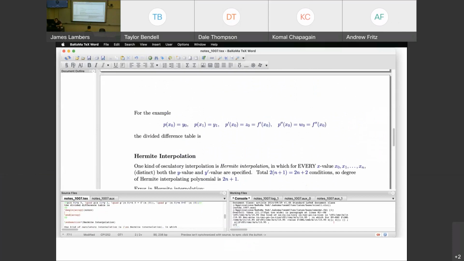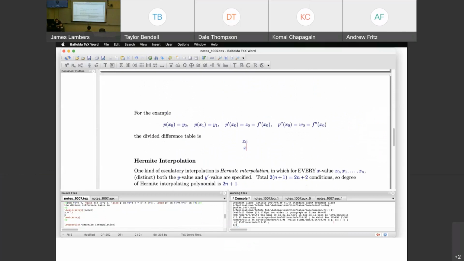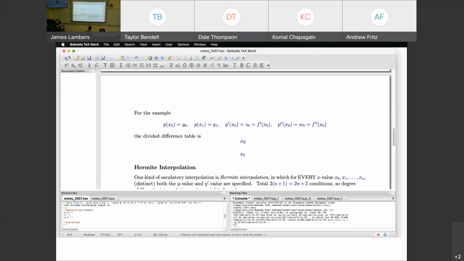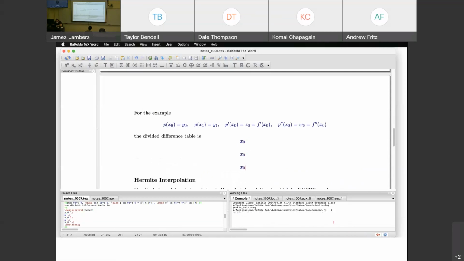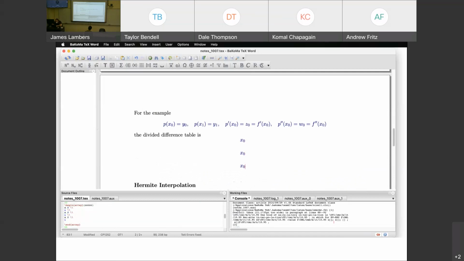Okay, so first I'm going to list the x values in the first column, and because I have 3 conditions on x naught, I have to list it 3 times. And then I only have 1 condition on x1, so I'm only going to list it once.